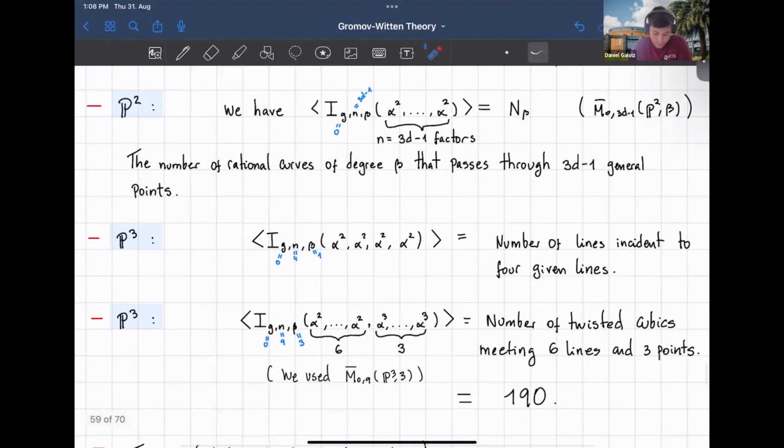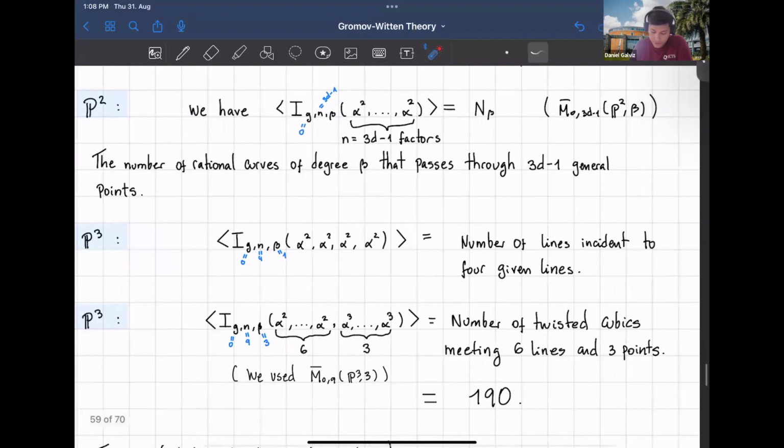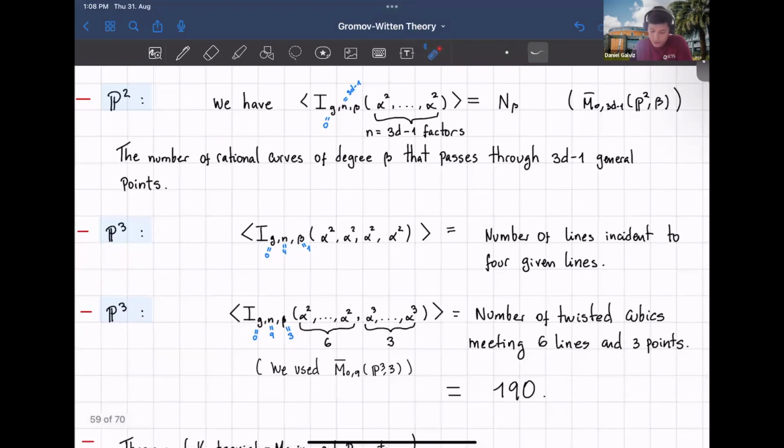So another example is P3. Then you define this information, and then you define these 4 cycles, and then this will give you the number of incident lines to 4 given lines.